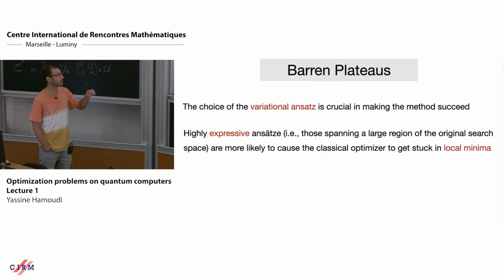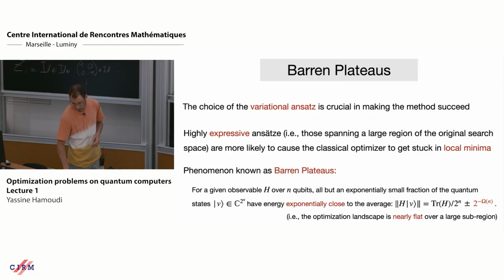So it says the following thing. You may try to use very expressive ansatz, so like quantum states that explore a large region of the search space. But if you do that, because of some property in high dimension, the classical optimizer would have a very high chance of getting stuck in local minima. So let me give you a mathematical statement of this phenomenon.